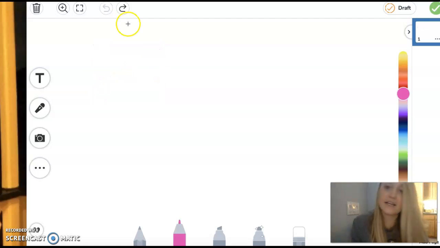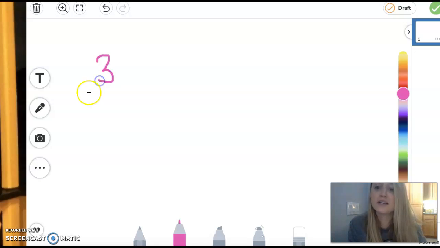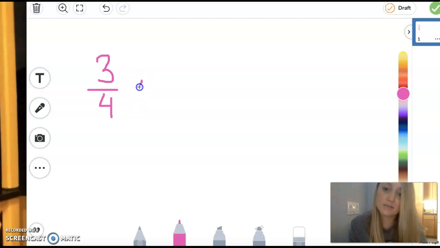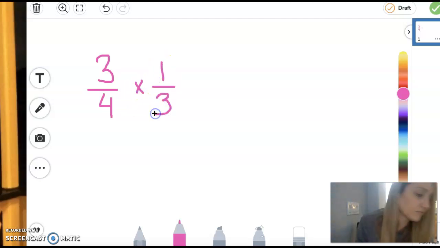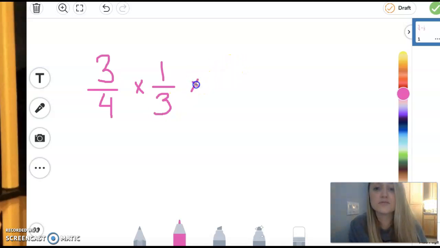Let's do number 9. This is with multiple ones again. So 3/4 times 1/3 times 2. Okay, so again I'm going to look and see, is there anything that I have in common with these? So here I have 3 goes into 3 once, 3 goes into 3 once.